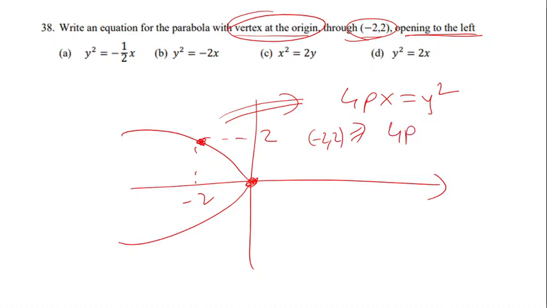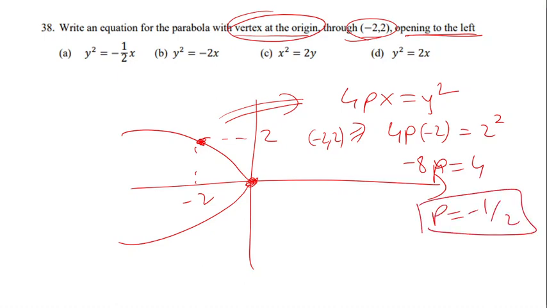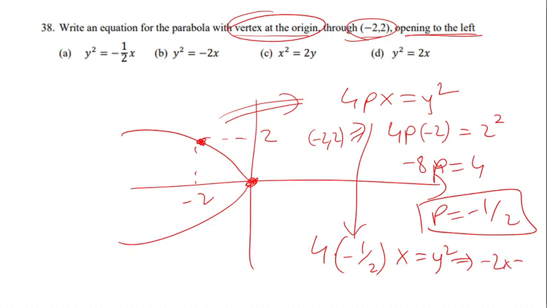So we can write 4p times (-2) is equal to 2 squared, and this will be negative 8p is equal to 4, p is equal to minus 1 over 2, and this will be 4 times minus 1 over 2 times x equal to y squared. So the answer will be negative 2x equal to y squared.